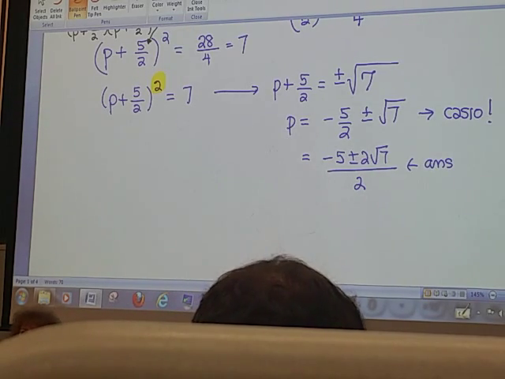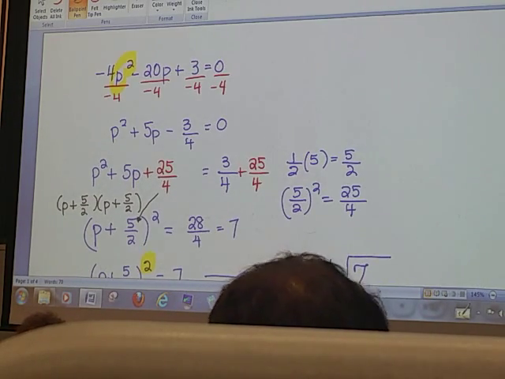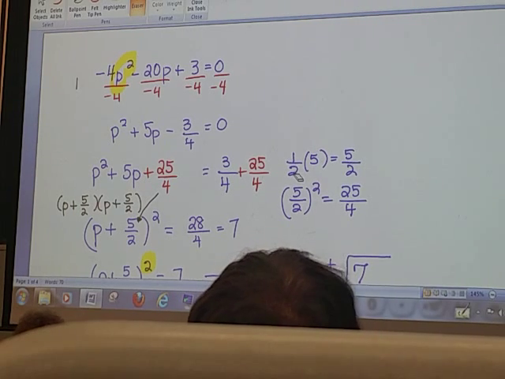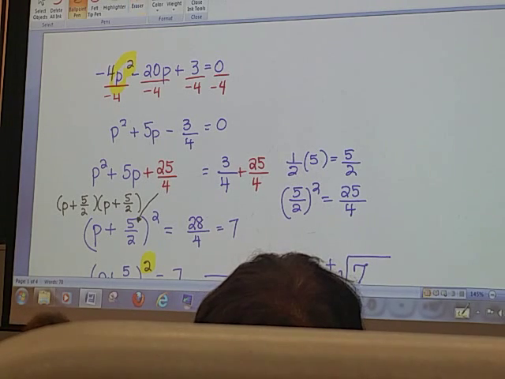Any others? On the top here? Yeah, the half. The 1 over 2 times 5. Where'd you get the 1 over 2 from? Oh my God, that's the algorithm. That's what you do every single time. Half the middle term.